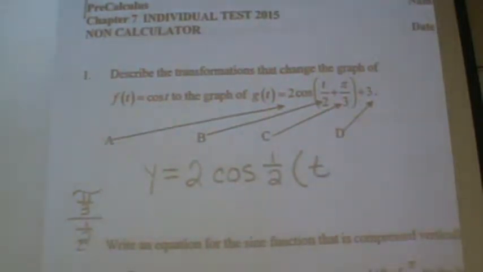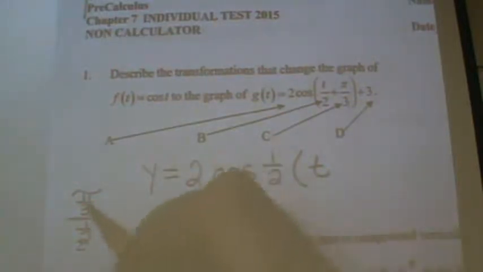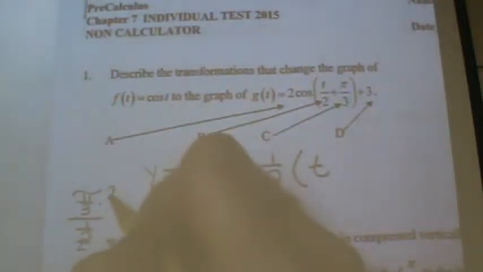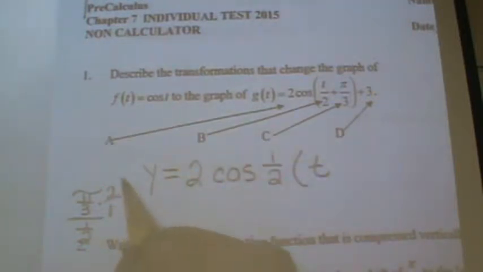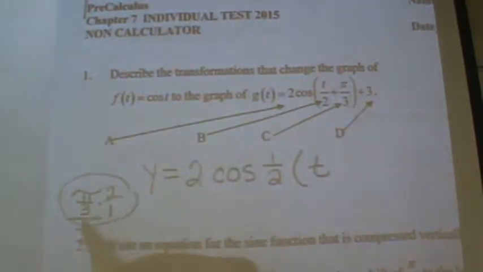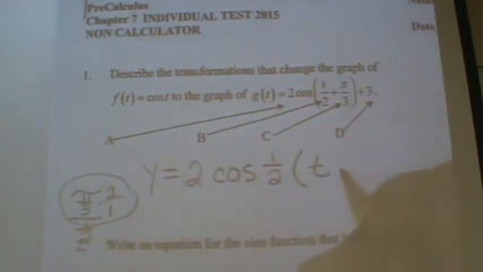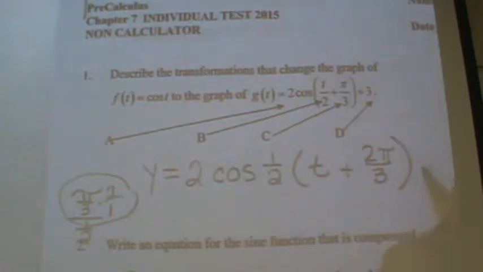When we have fractions, what do we do? Flip and multiply. So you're going to take pi over 3 and multiply it by 2 over 1, which gives 2 pi over 3, and then plus 3.